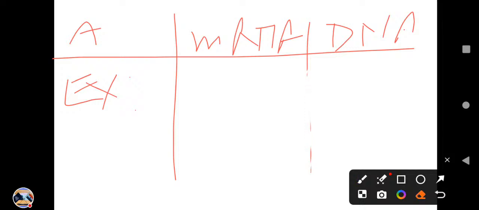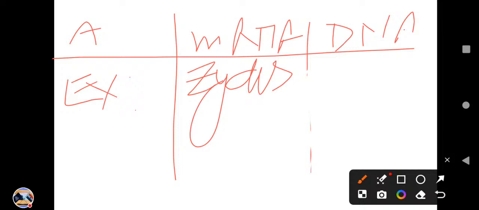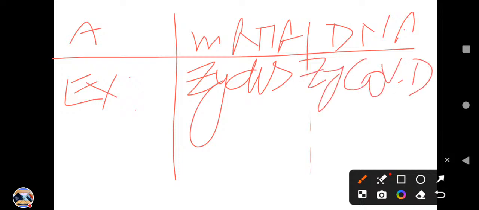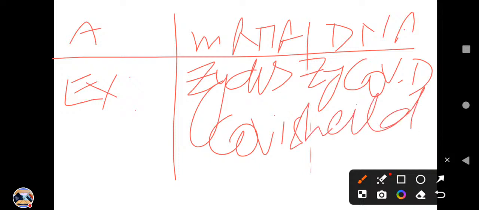Like we can see the Zydus vaccine, ZyCoV-D, which is a DNA based vaccine. And Covishield is a viral vector vaccine, not an inactivated virus vaccine.